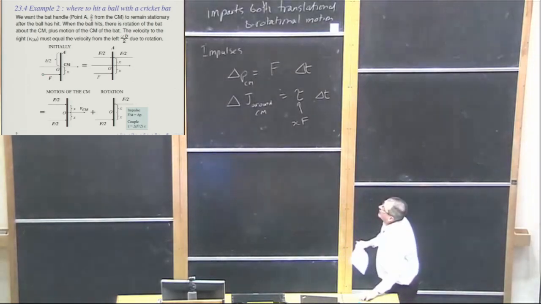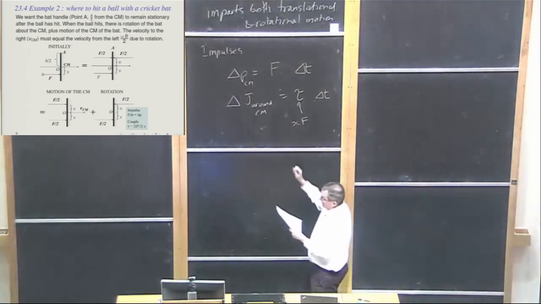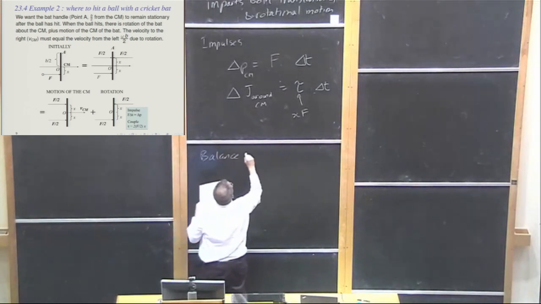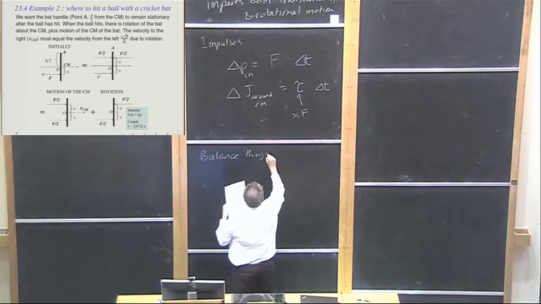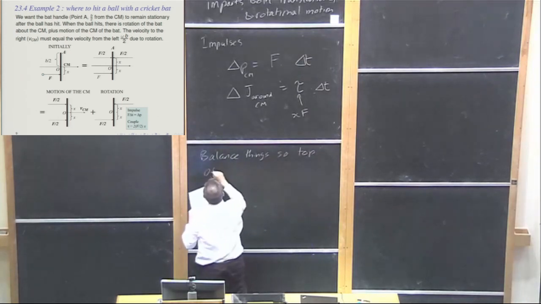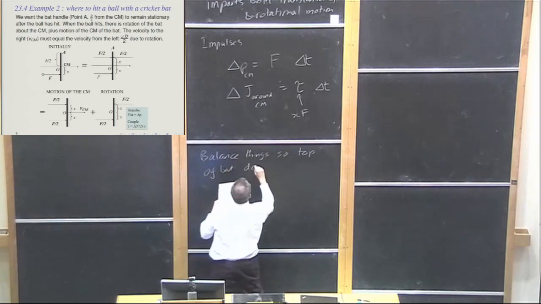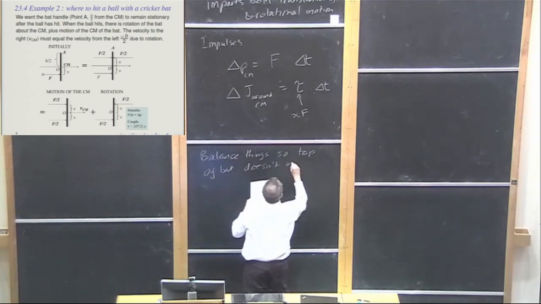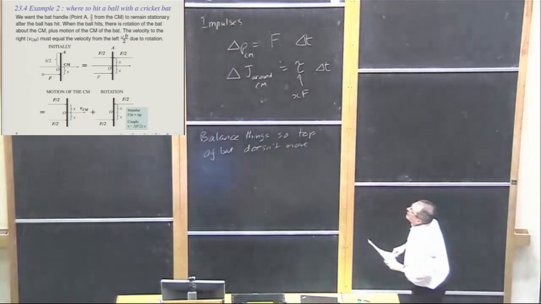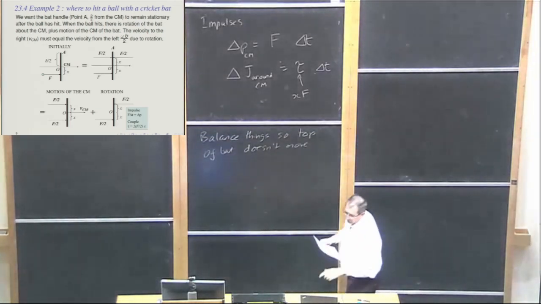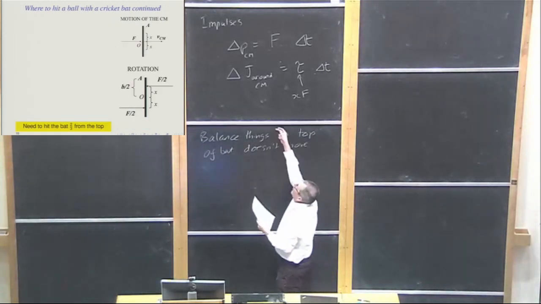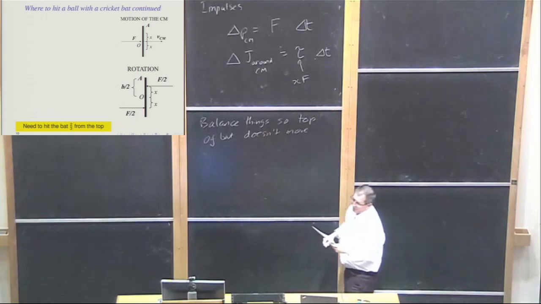So what we wish to do is to balance things, so the top of the bat doesn't move, at least initially. So how can we do this? Let's consider the translational motion first, because that's straightforward.